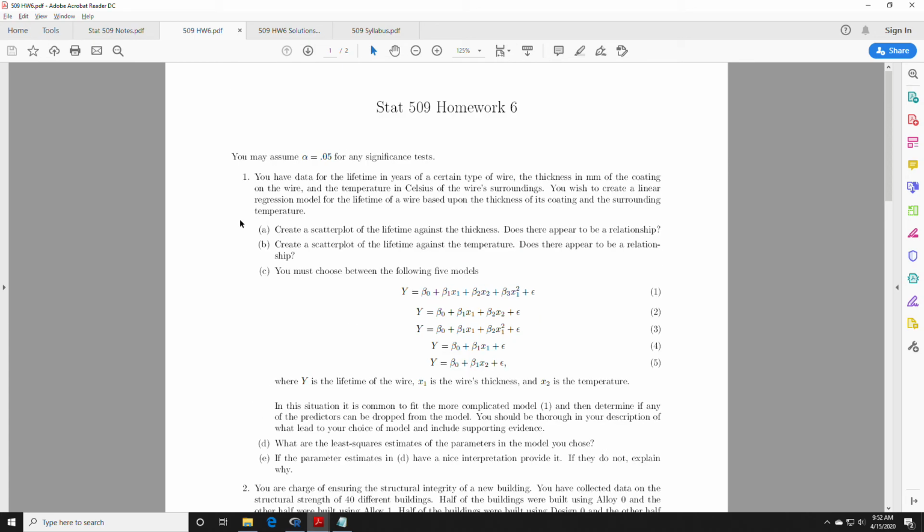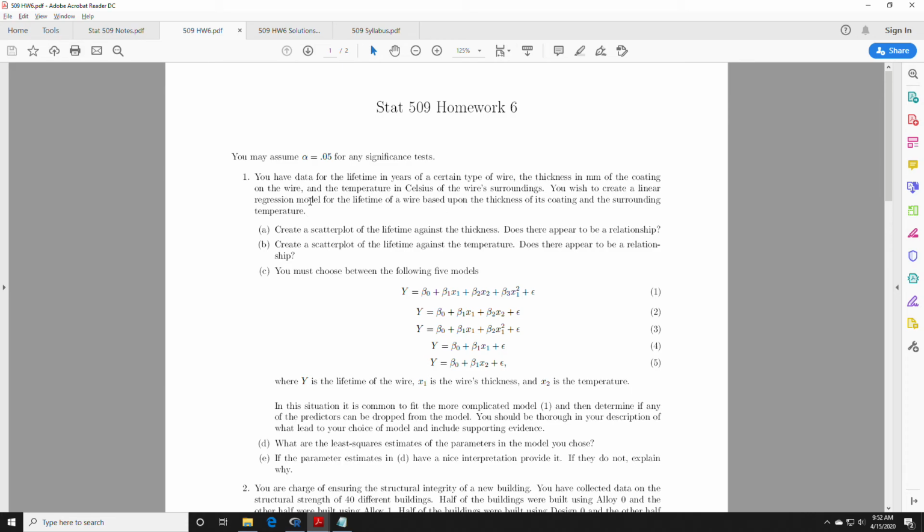Okay, so we have data for the lifetime of a certain type of wire, and we also have the thickness of the coating of the wire and the temperature of the wire's surroundings. And we're trying to create a linear model for the lifetime of the wire based upon the thickness of its coating and the surrounding temperature.